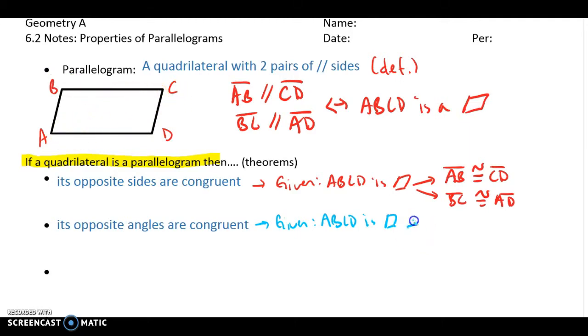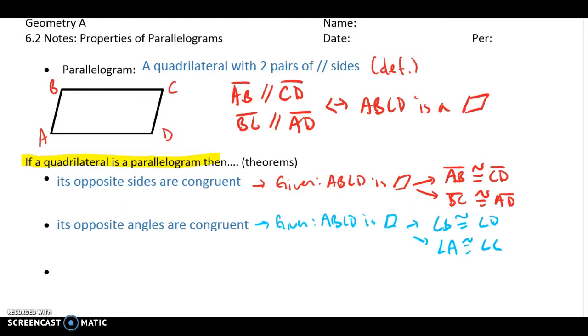So for example, angle B is congruent to angle D, right? And also angle A is congruent to its opposite angle, angle C. Right, so they're not connected on the same edge. So that's the second theorem. Remember, these are all assuming we know we have a parallelogram first.